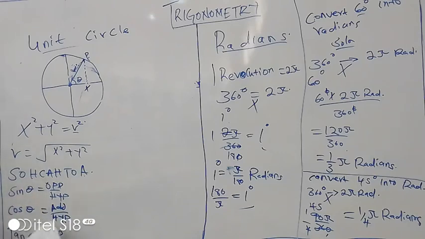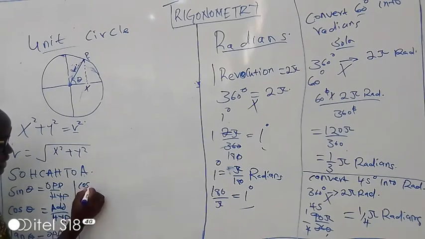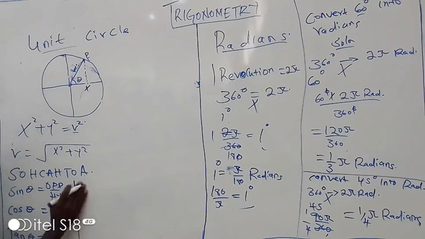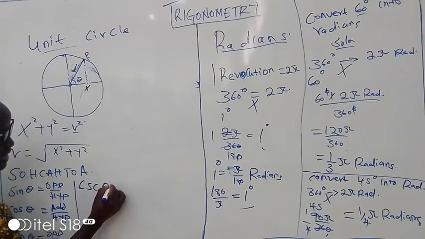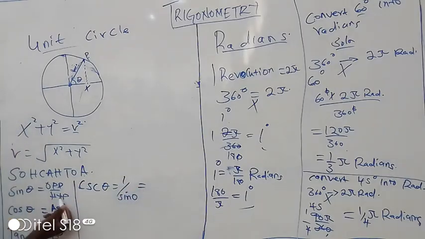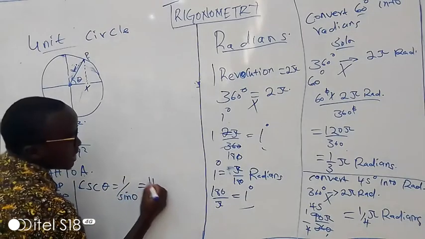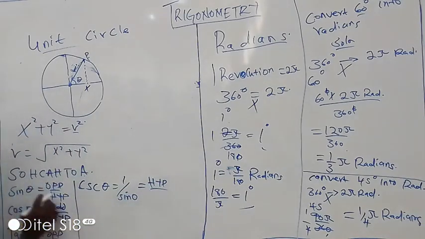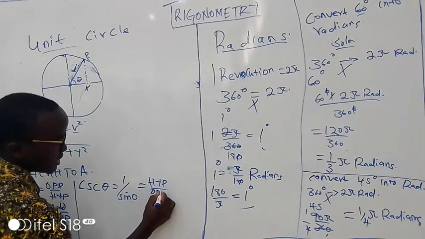And we still have something called cosec, denoted as csc theta, which is equal to 1 over sine theta, the reciprocal of this. It is hypotenuse over opposite.